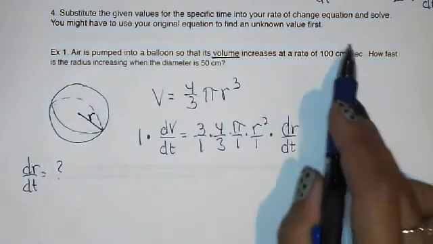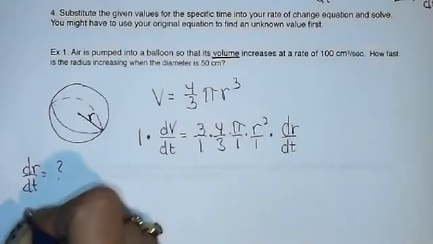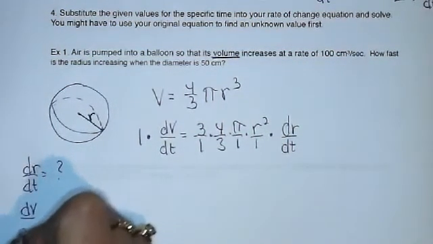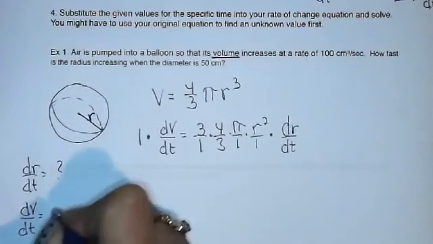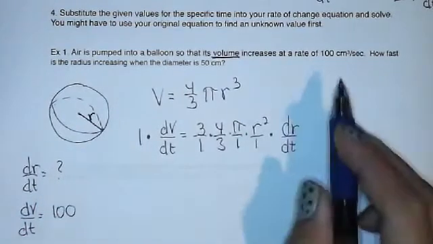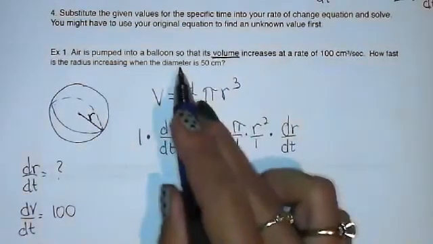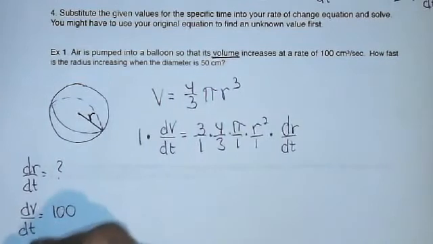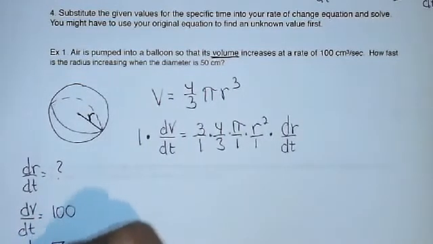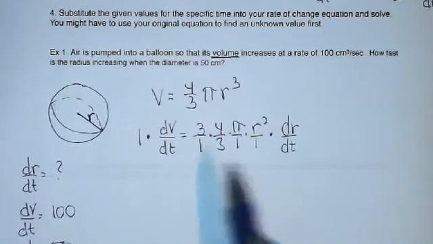And what I know is this, that the volume increases at a rate of 100. This is dV/dt. And I know that the diameter is 50.